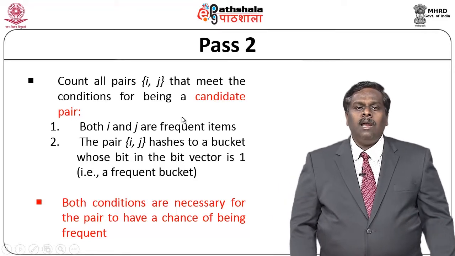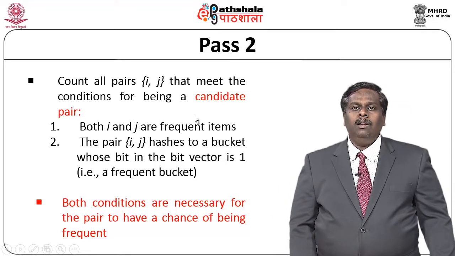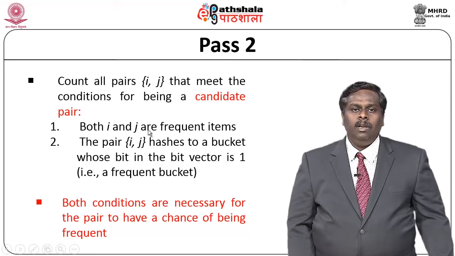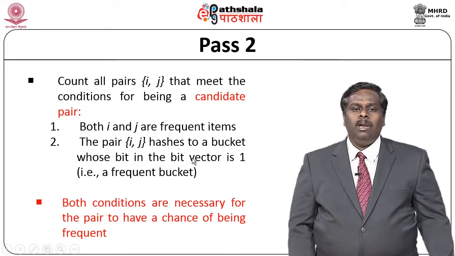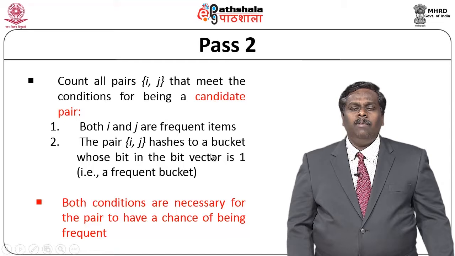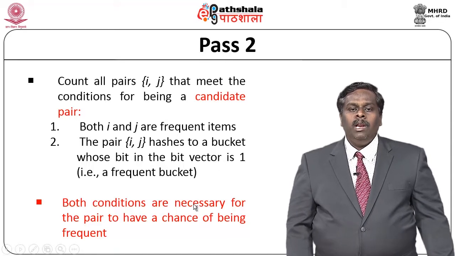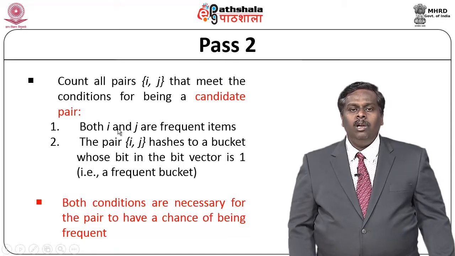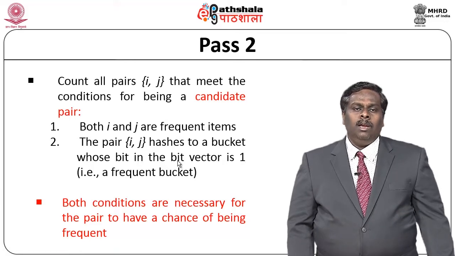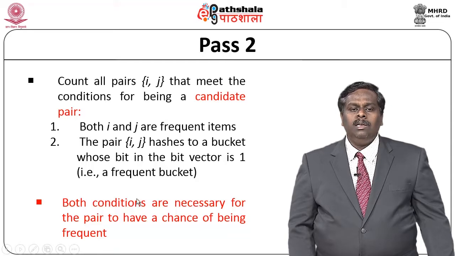Else, if it is not frequent, that is, if both the items are not frequent, then it is going to be hashed to a bucket whose bit vector is equal to 0. Now, if both the conditions are satisfied, only then it will work out. So, the objective here is that both conditions are essential for the pair to have a chance of being frequent.